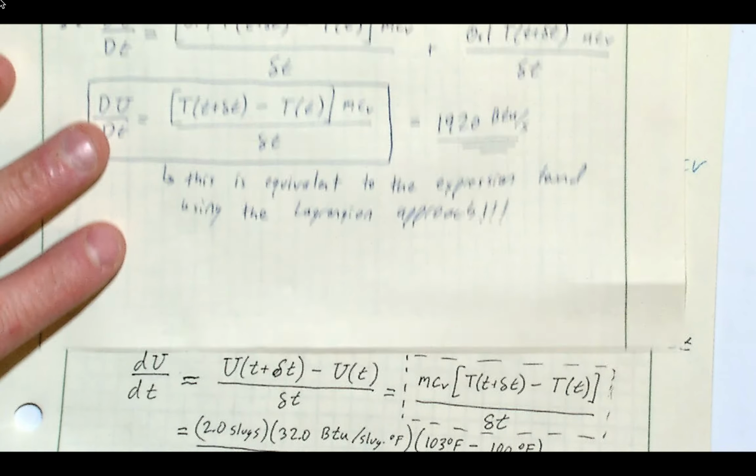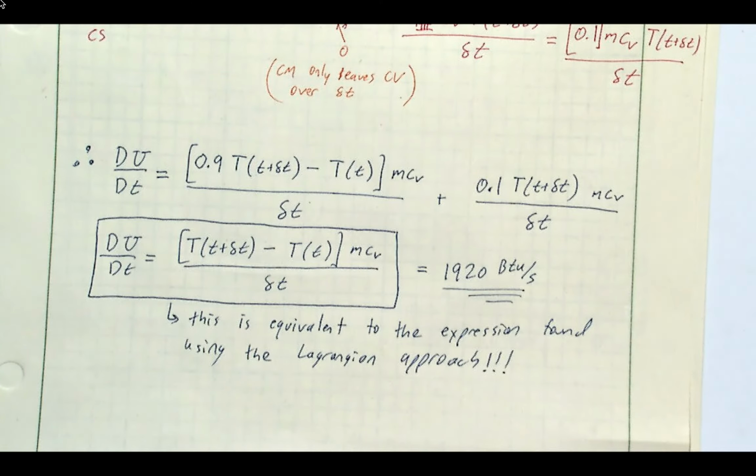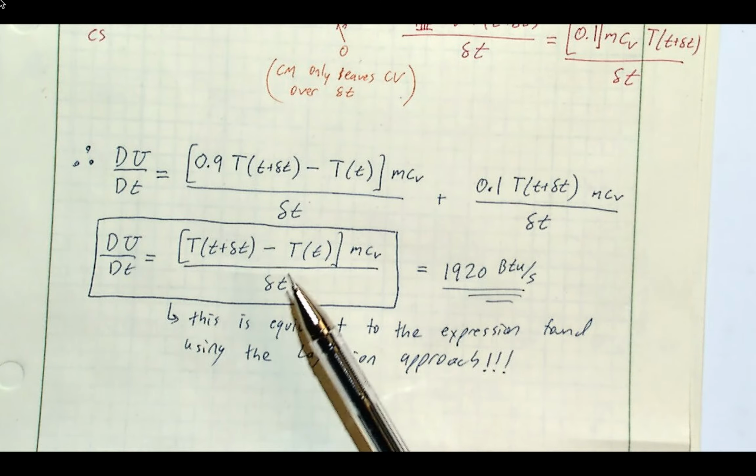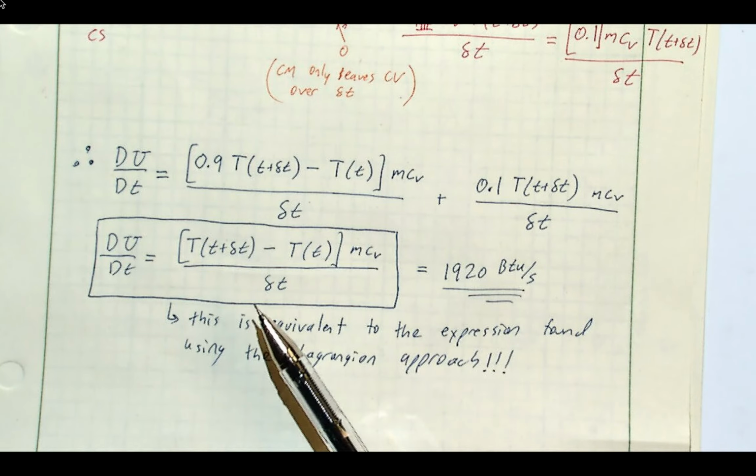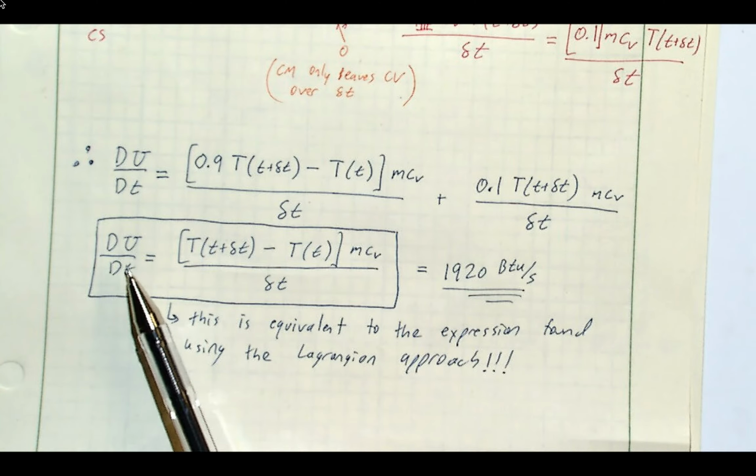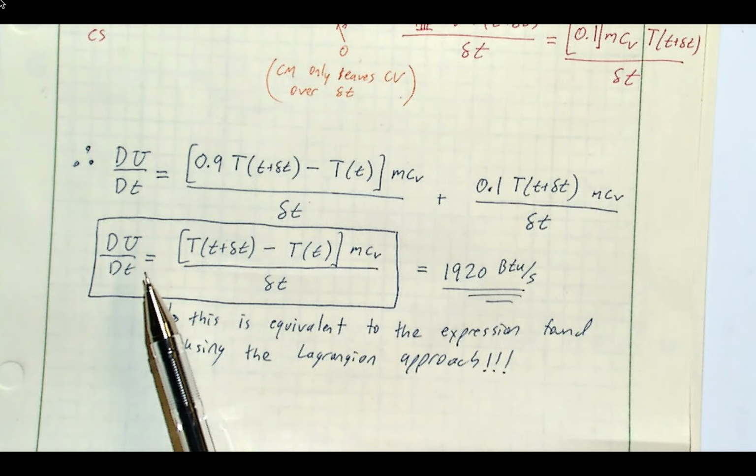And so our Eulerian analysis is a bit more complicated here, but we get the same number. We actually get the same final form of the relationship for the total rate of change of our energy for our control mass.